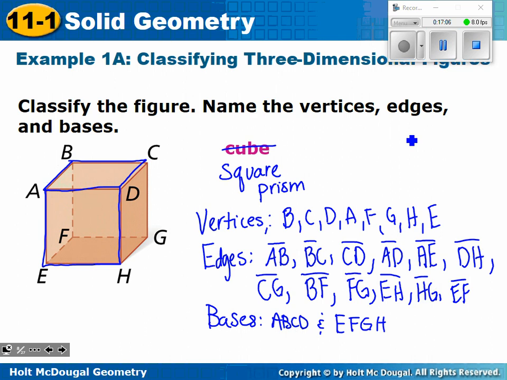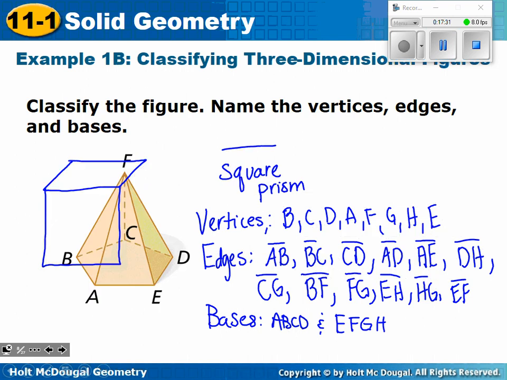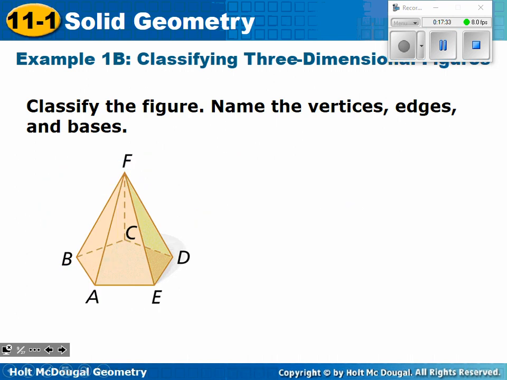The other 4 faces are congruent rectangles, but they're not the bases of your shape. So if this is my shape, this is definitely not a rectangular prism. It is a square prism, and the only two bases are the squares. But if it's a rectangular prism, then any two, because they're all rectangles, could be considered your bases. Okay? All right, so we're going to go pretty quickly through the next ones together, and I'm not going to list all of them. We're just going to kind of talk about it.